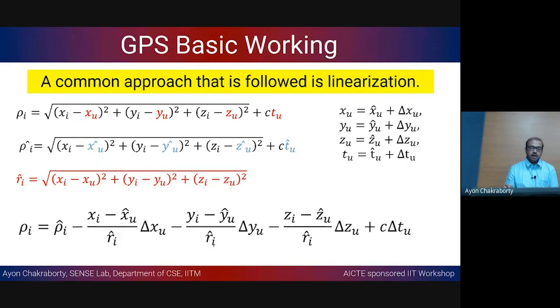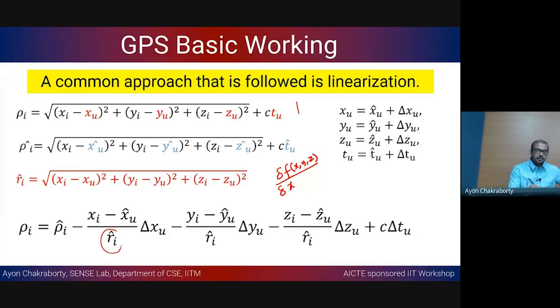Now if you simply use the expansion that I have shown you earlier, delta f by delta x, this was f of x, y and z. If you expand one of these terms, you can just do it as an exercise. What is your function? This is your function, and you are simply taking a first order differential. What you will end up with is basically xi minus x hat of u, this is the unknown, divided by ri.